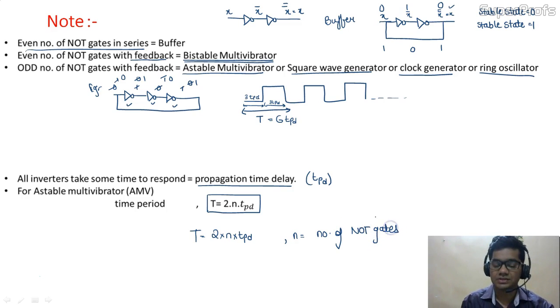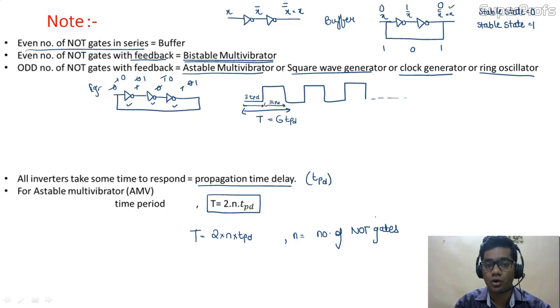Okay students, so these are some points regarding the NOT gate. First point: an even number of NOT gates in series would be a buffer. Second point: an even number of NOT gates with feedback would represent a bistable multivibrator.